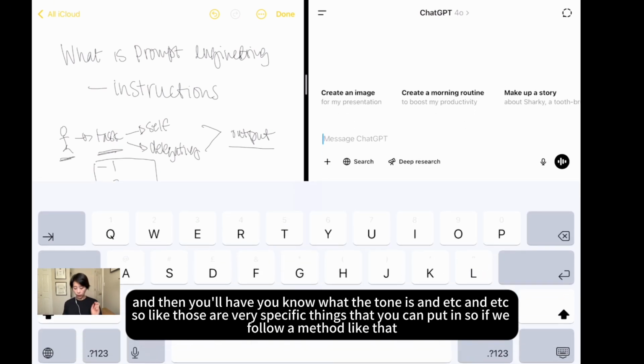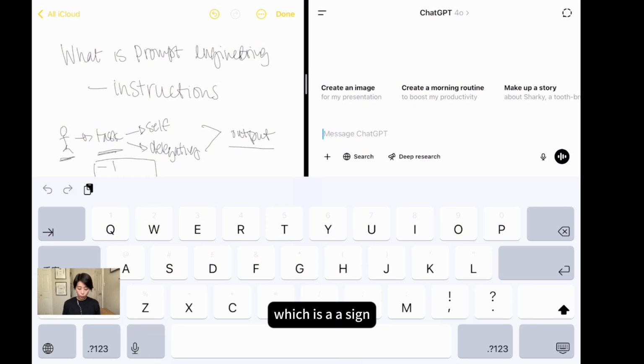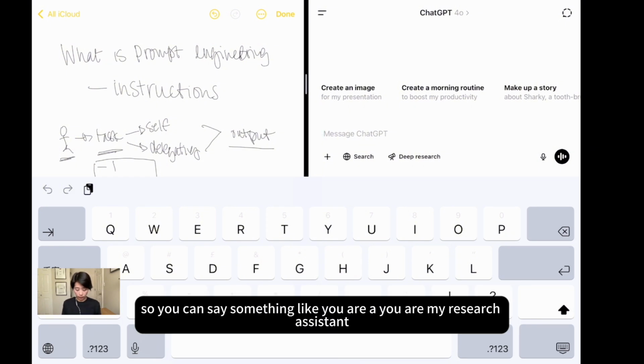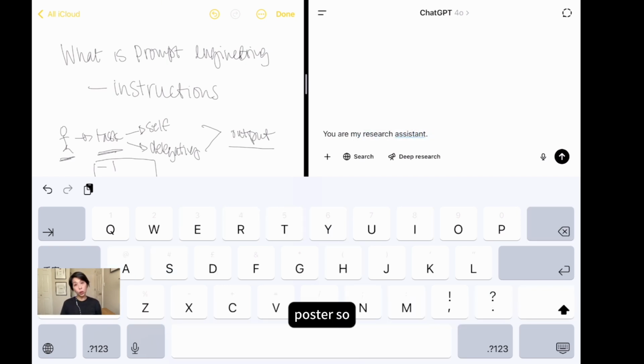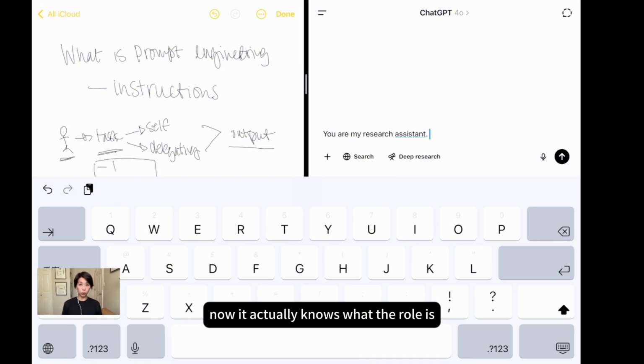So if we follow a method like that, which is assign, you can say something like, you are my research assistant. Full stop. So now it actually knows what the role is.